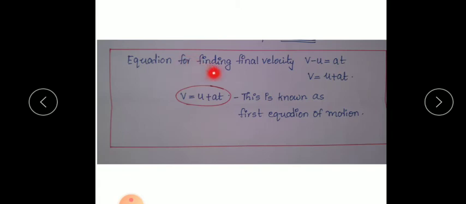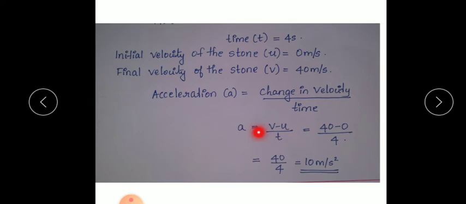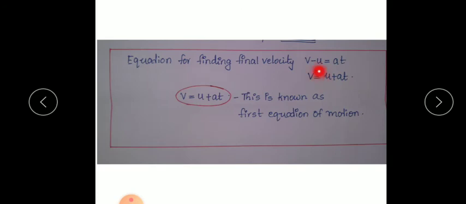So we got this equation from the earlier equation. v minus u is equal to a into t. Take this u to this side so that this equation becomes v is equal to u plus at.